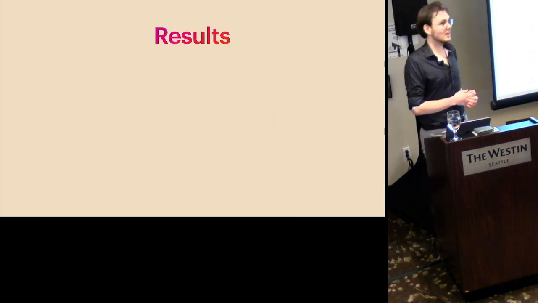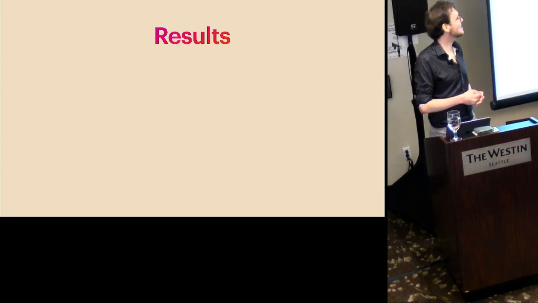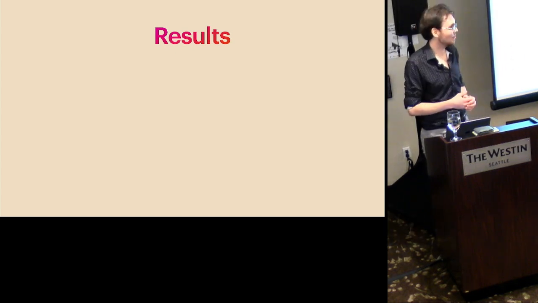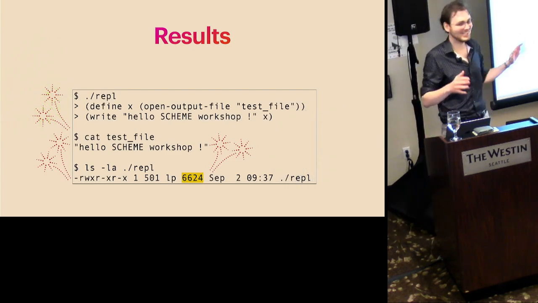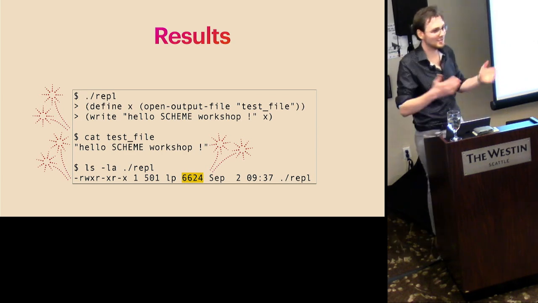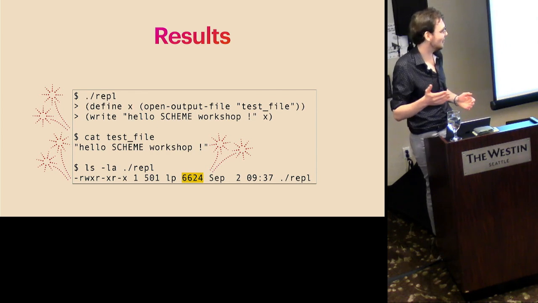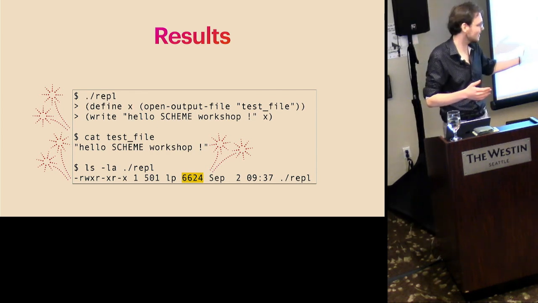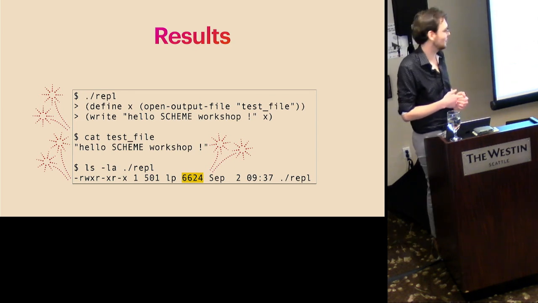So now we can talk about results. We explained pretty much how the system works, and we were able to, a little animation here, I was really proud of it, define a REPL that is R4RS compliant inside 6.5K. Here it's written 666, but if you convert it into kilobytes, it gives you 6.5.